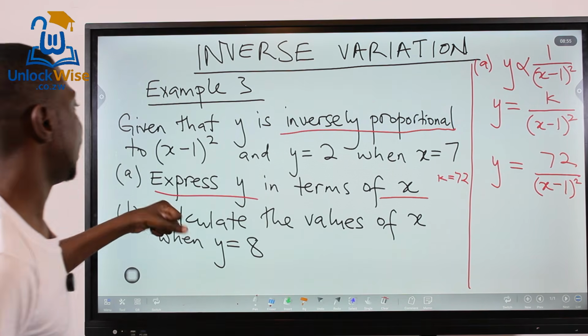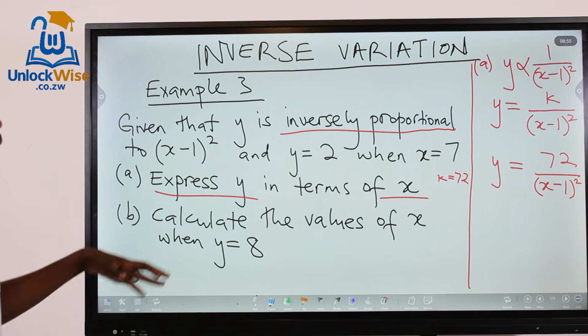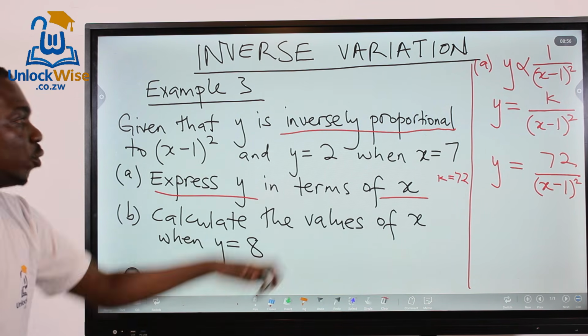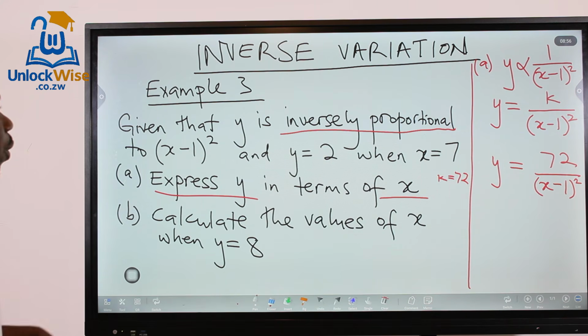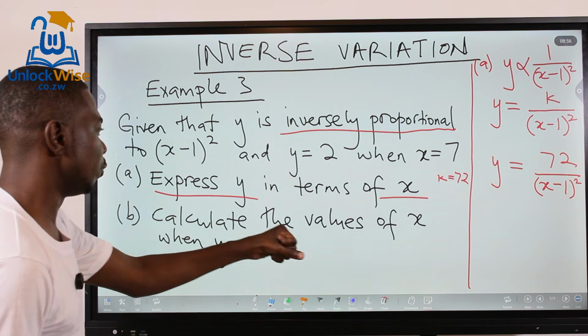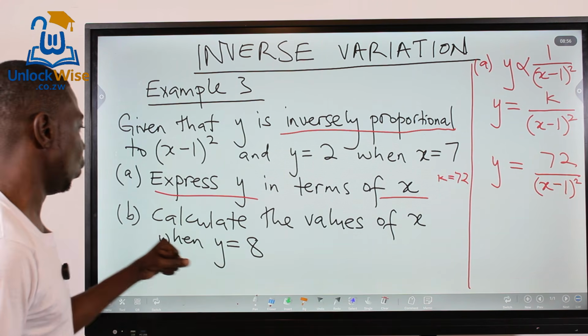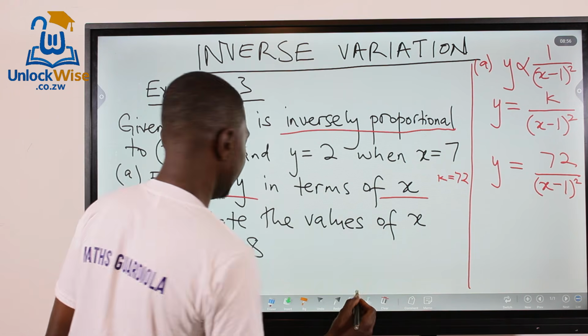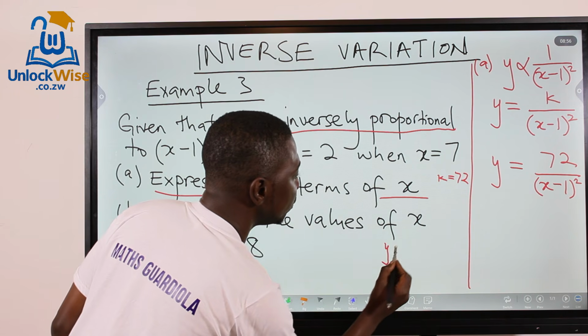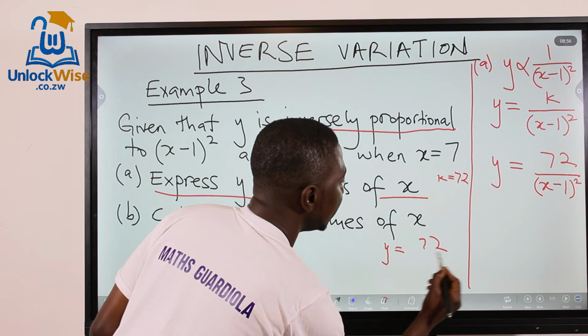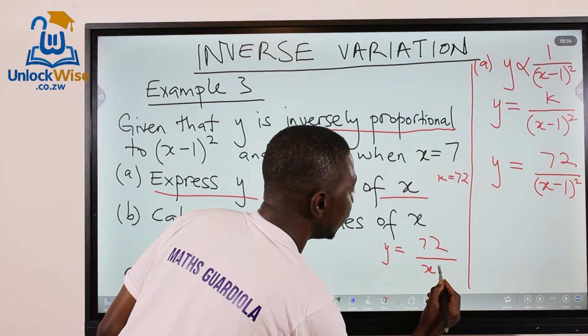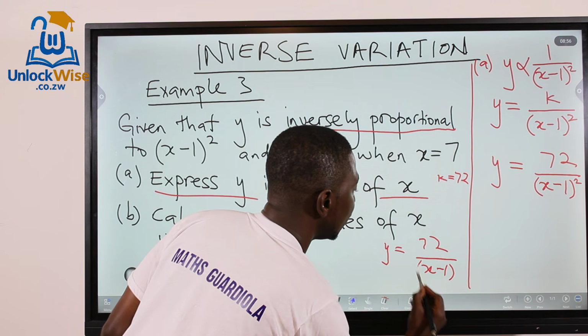So this is our expression, our y expression in terms of x. And now we want to calculate the values of x when y is equals to 8. So let me just put this here and then we'll work with it.